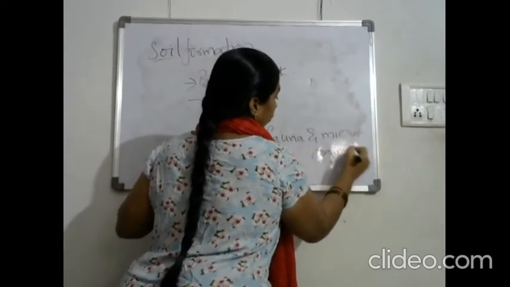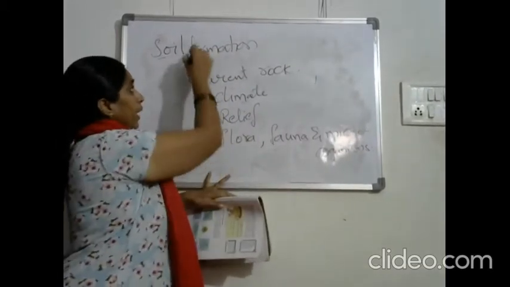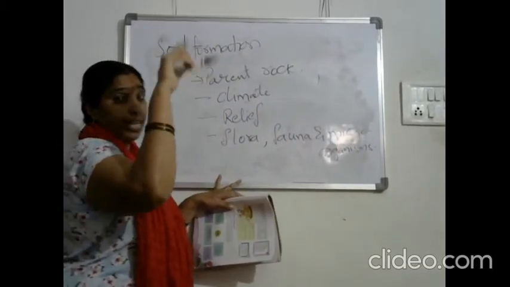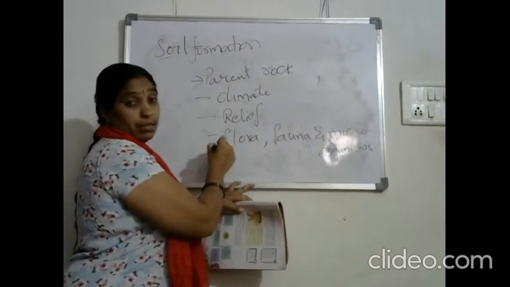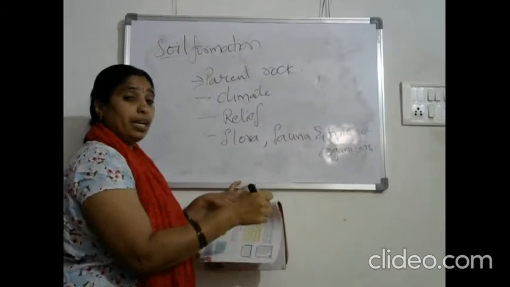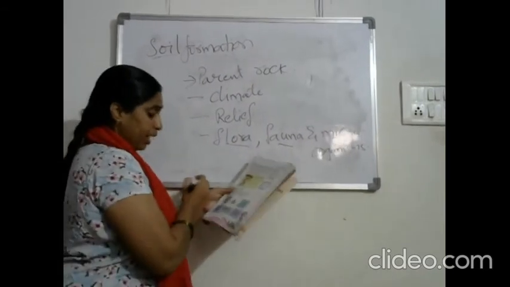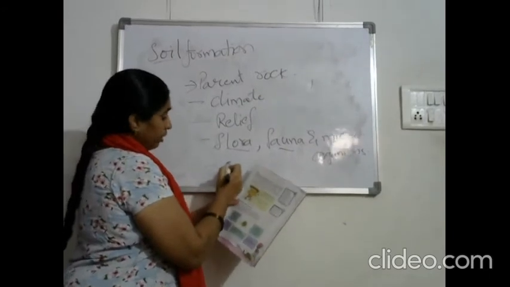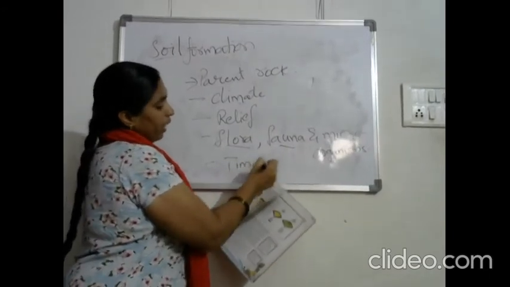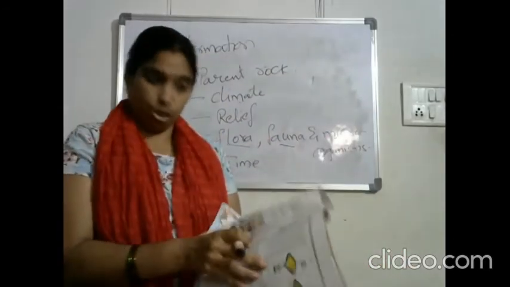As we have said, in the soil there is organic matter as well. So how does this organic material come? Through this flora, fauna, and microorganisms. And the time. It takes thousands and thousands of years to form the soil.